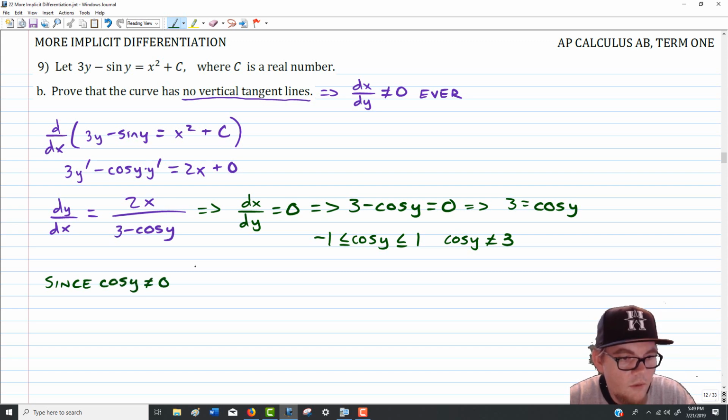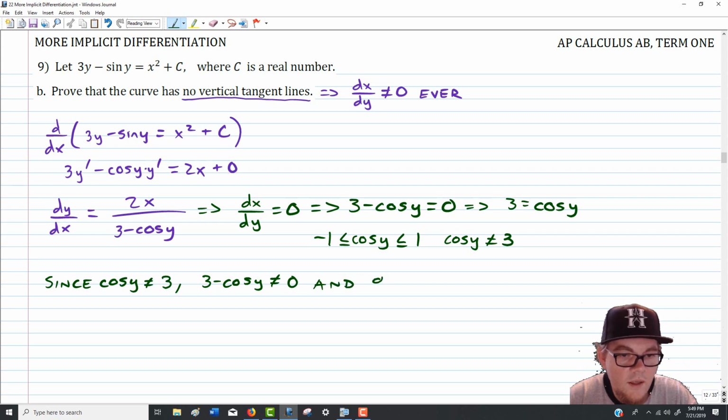Since cosine of y does not equal 3, 3 minus cosine of y does not equal 0. And, most importantly, dx/dy does not equal 0. Therefore, no vertical tangents.